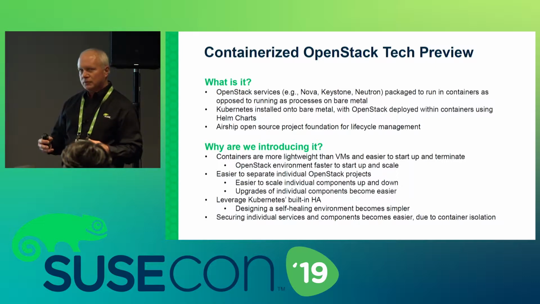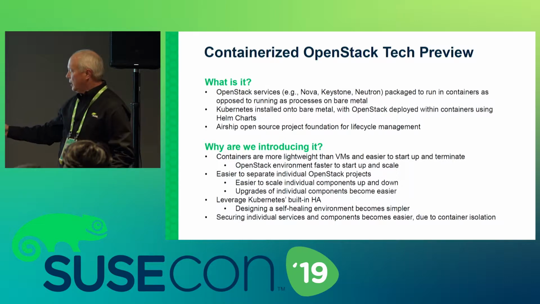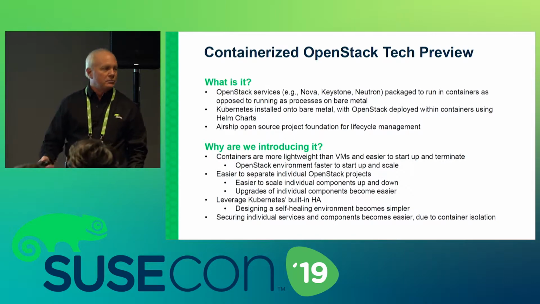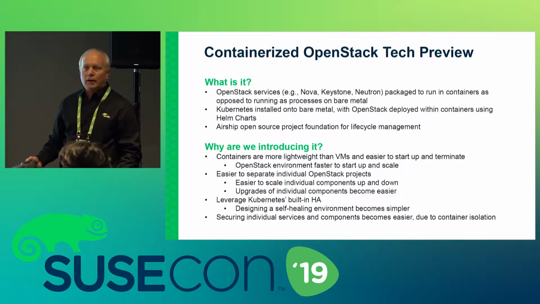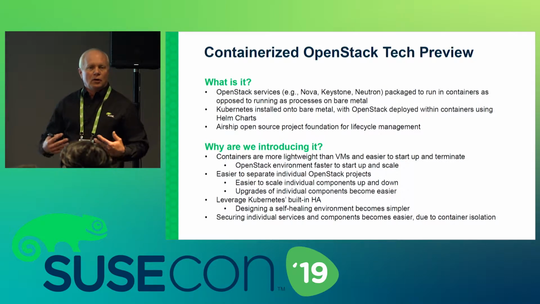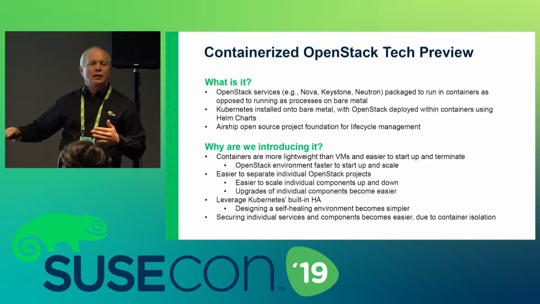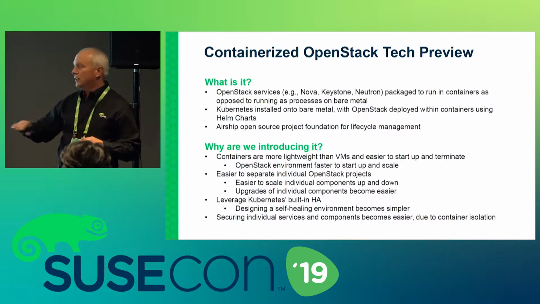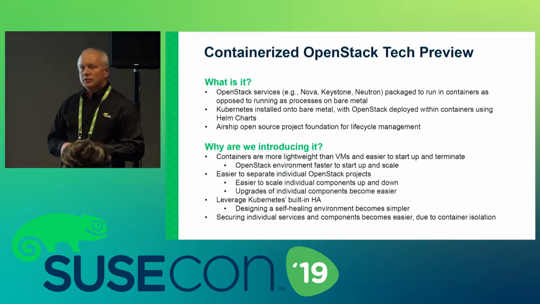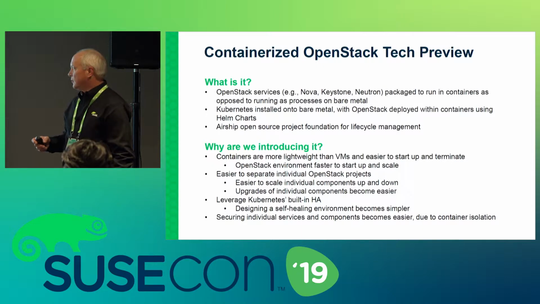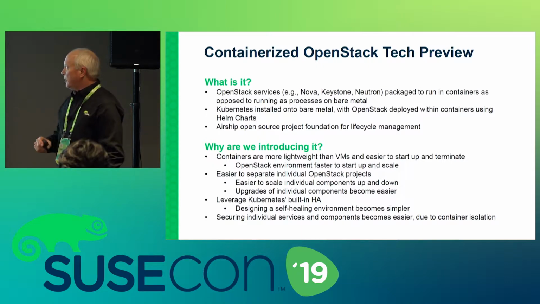As a result of switching to containerization and using Kubernetes, we're going to be leveraging some of the built-in HA that Kubernetes provides. Right now we ship Pacemaker and configure HA in our control plane and different components. We're going to be leveraging the underlying technology in the Kubernetes orchestration to do that for us. So it's a bit different.